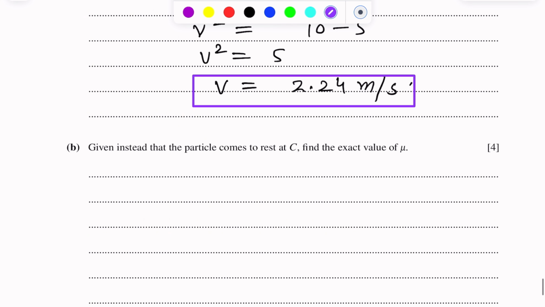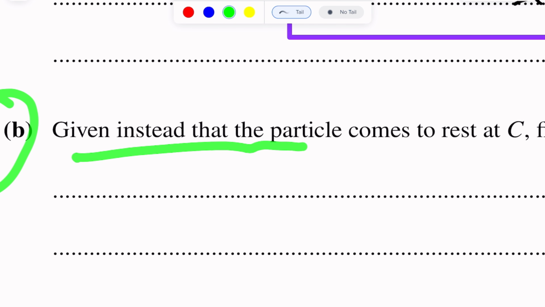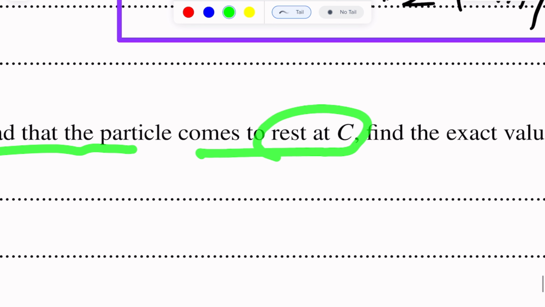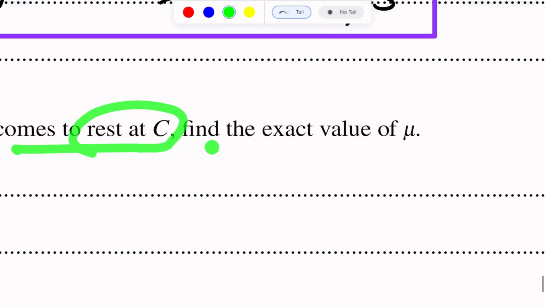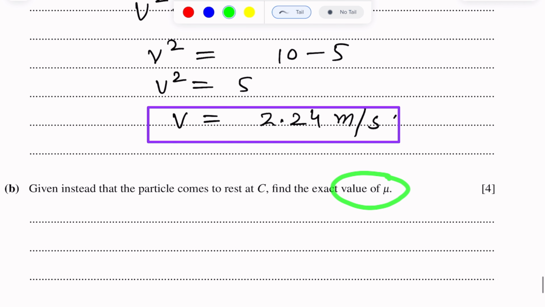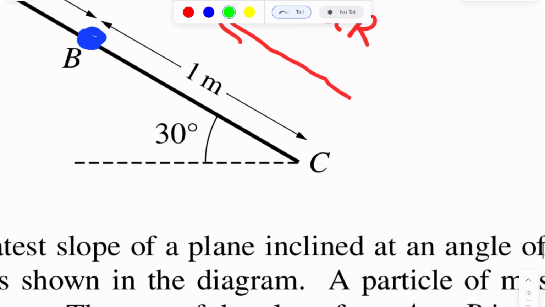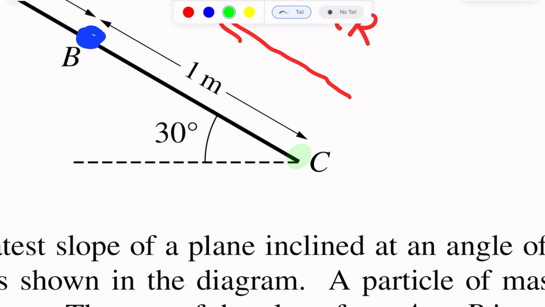The last part of this question is part B. Given instead that the particle comes to rest at C, find the exact value of mu. In this part, we have to find the value of mu, but it is given that the speed of this particle at C is 0.